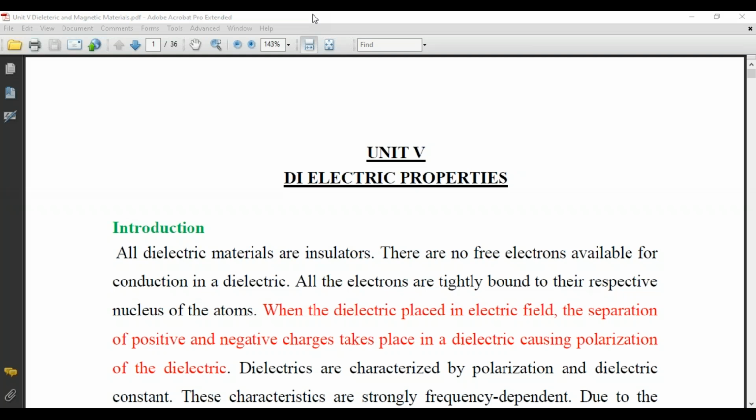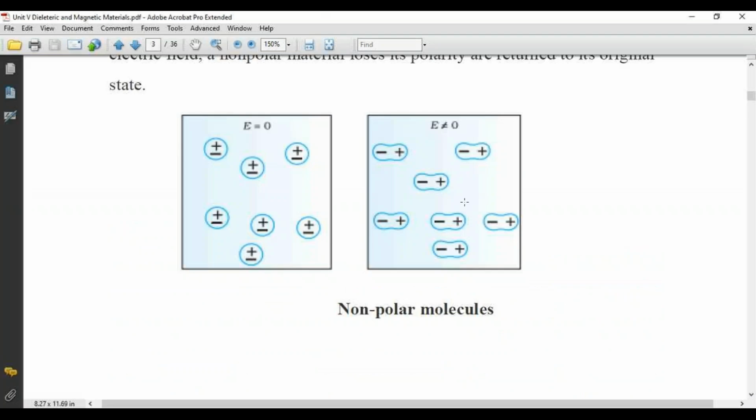Sir, the diagrams are not visible. We are not getting the screen, sir. Oh, one minute, I will share it. Now it is coming.